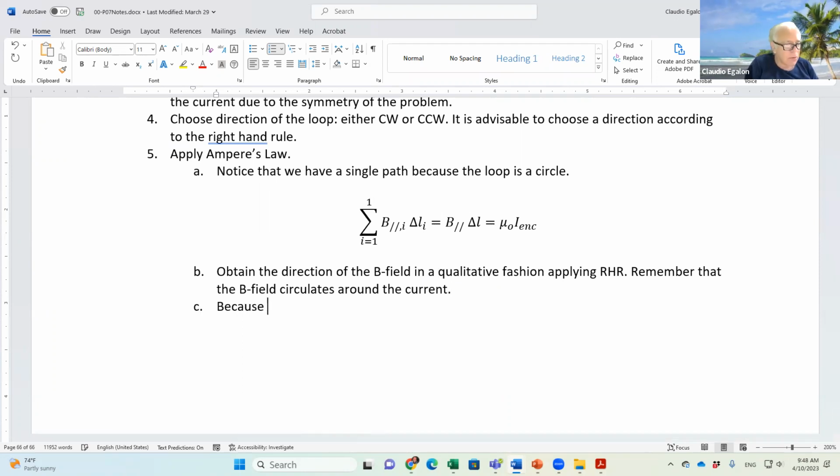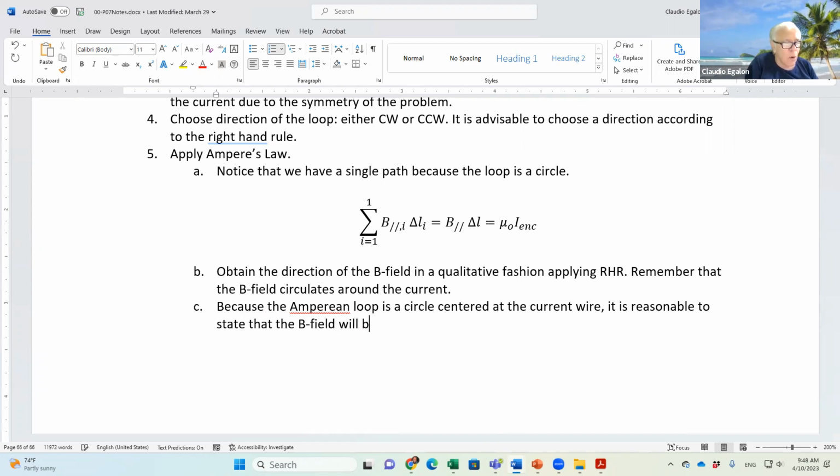Because the Amperian loop is a circle centered at the current wire, it is reasonable to state that the B field will be tangent to the path, okay? And will be counterclockwise as well.